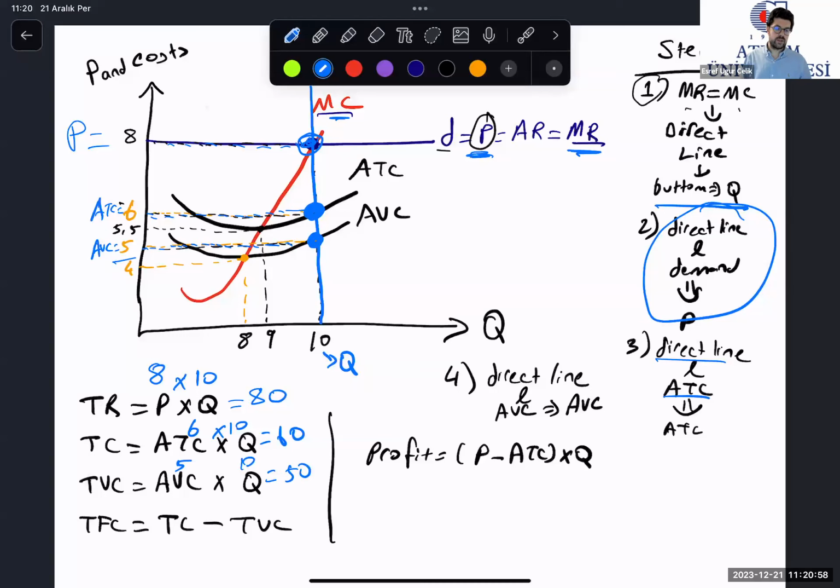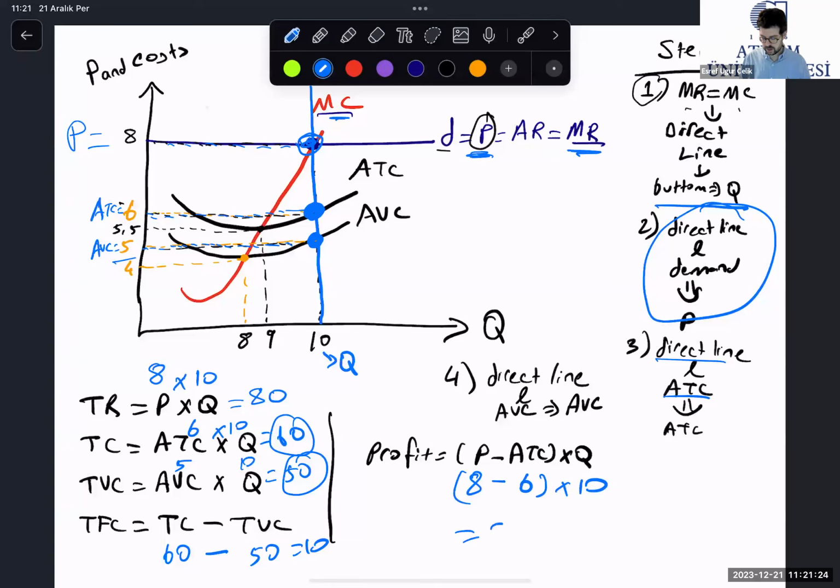For the total fixed cost, if we know the total cost and total variable cost, 60 minus 50, this is 10. And maybe I'm going to ask profit. 8 minus 6 multiplied by 10, so it's equal to 20. Okay, the question is solved like that.